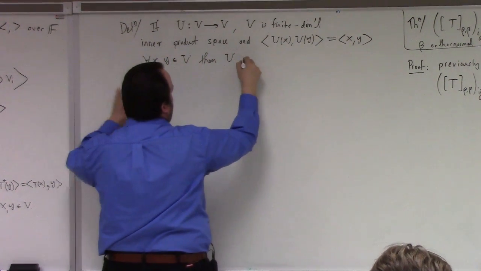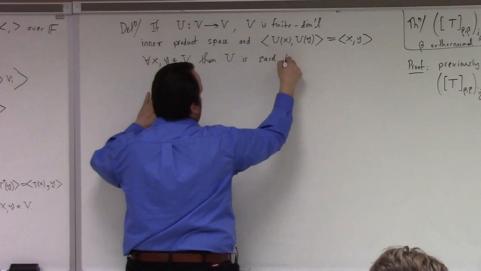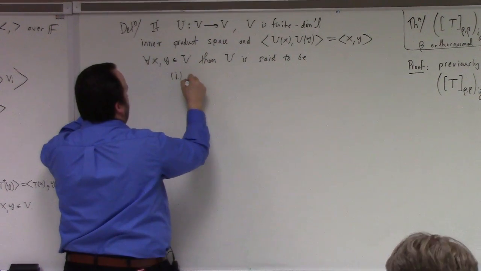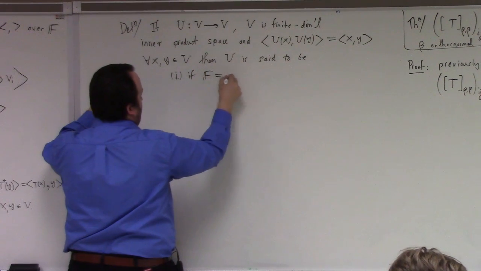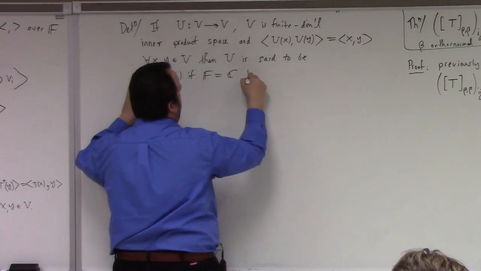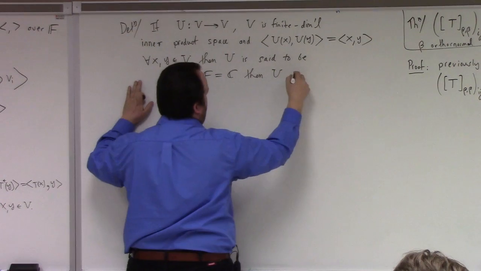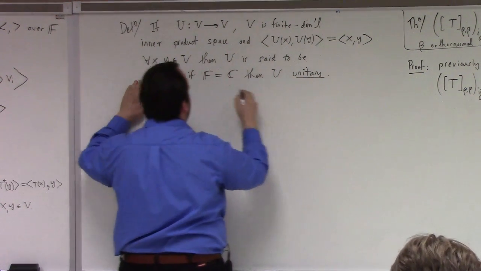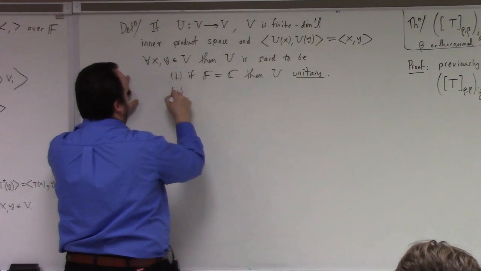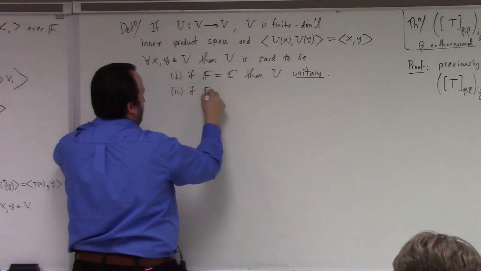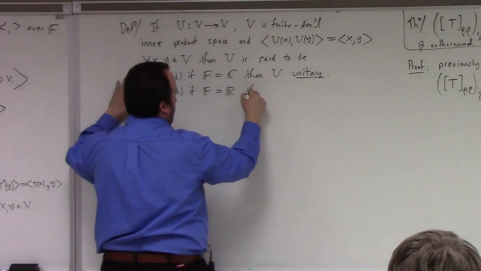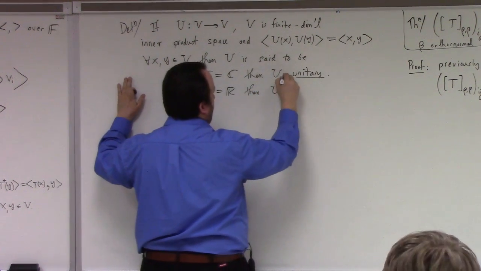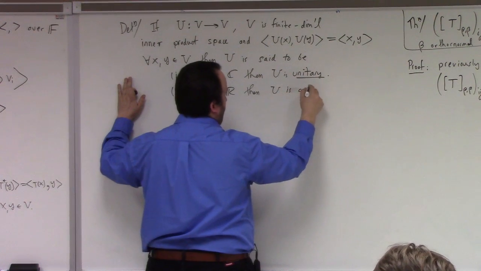then U is said to be either one, if the field is the complexes, U is said to be unitary, right? And two, if the field is the reals, then U is orthogonal.